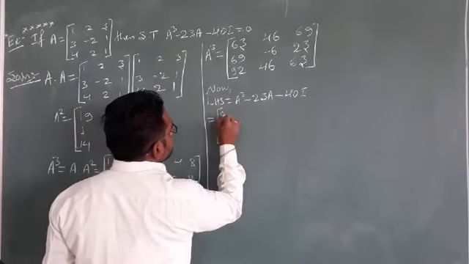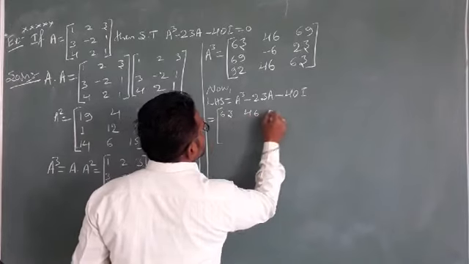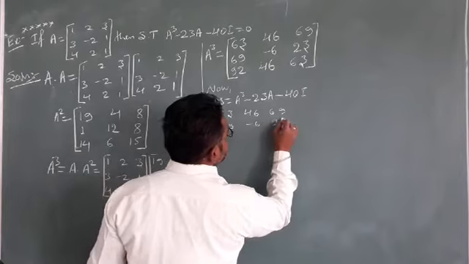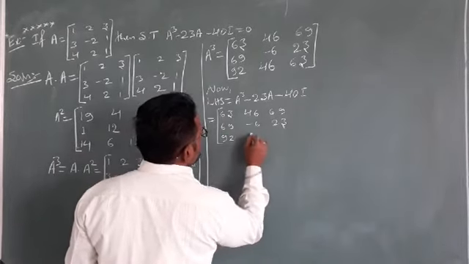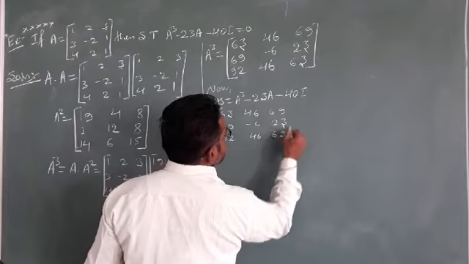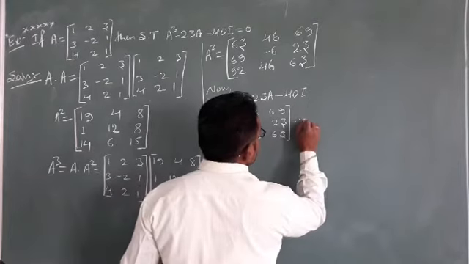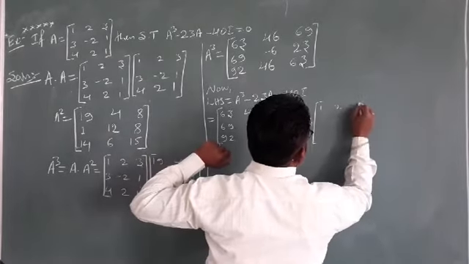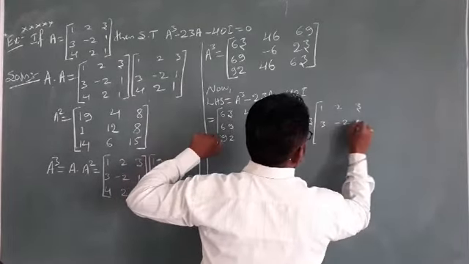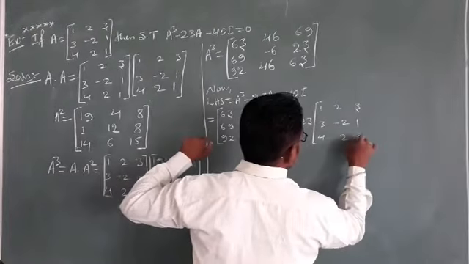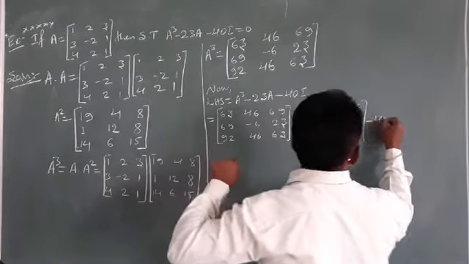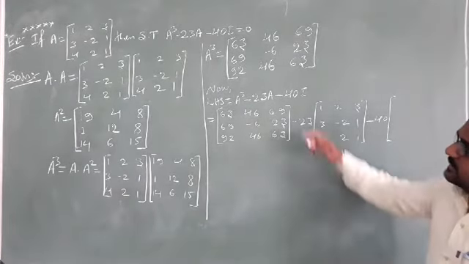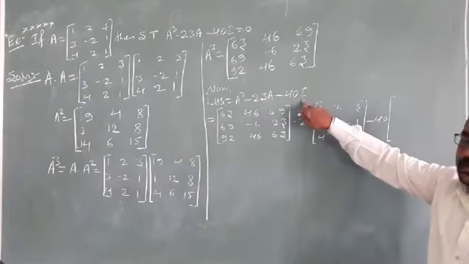The 3 by 3 matrix: 63, 46, 69, 69, minus 6, 23, 92, 46, 63, minus 23 into the given matrix A, that is 1, 2, 3, 3, minus 2, 1, 4, 2, 1, minus 40 into I. The I is of the same order.